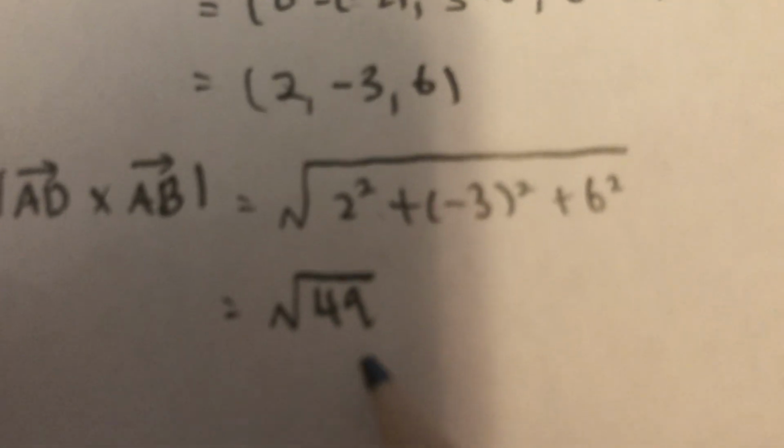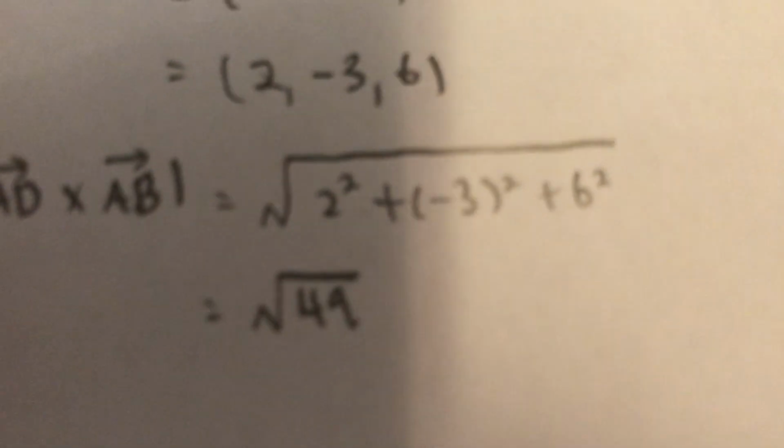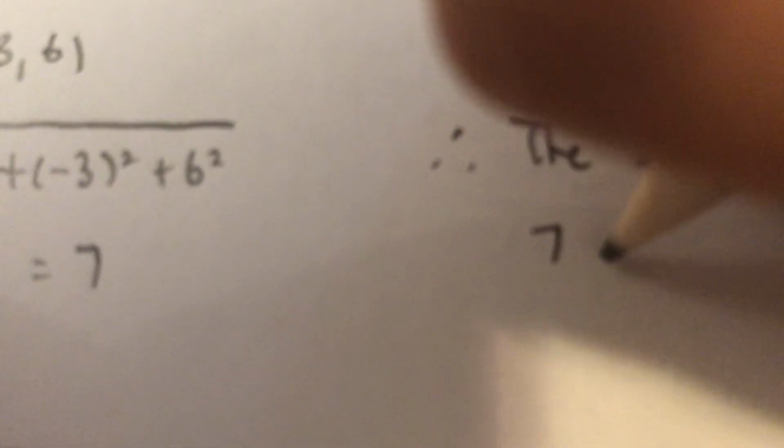And here we have the square root of 49, which we know is 7. Yeah, we found our answer. The area of parallelogram ABCD is 7 units squared. And yeah, this is our entire question completed.